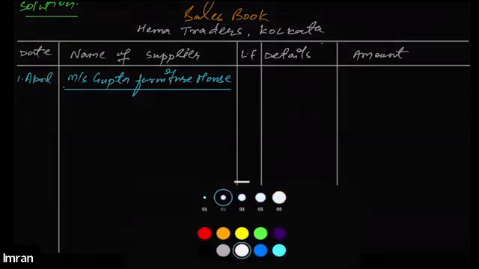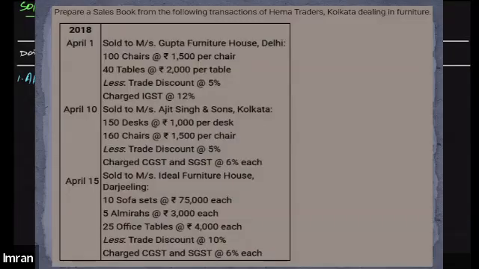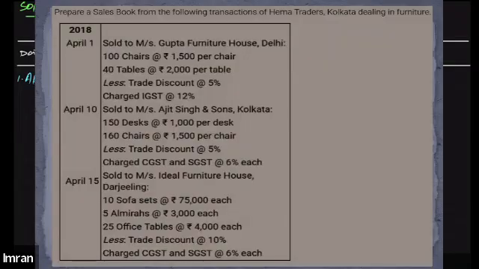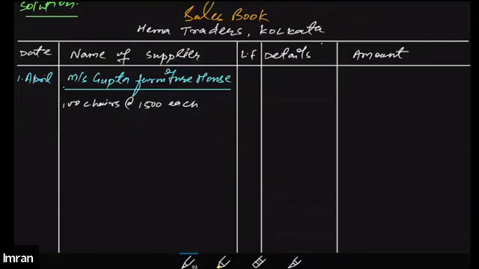All right, and we sold 100 chairs, 1500 per chair. Apart from chairs, we also sold tables, 40 tables, 2000 per table.